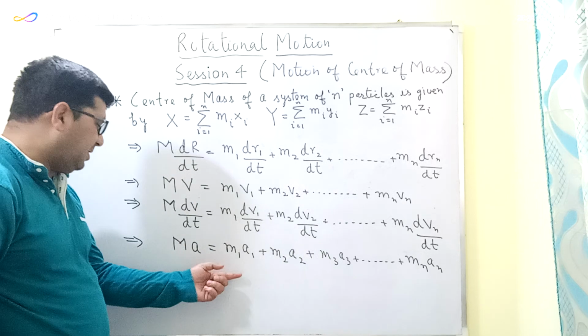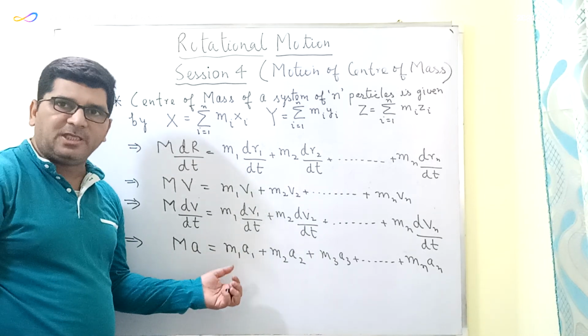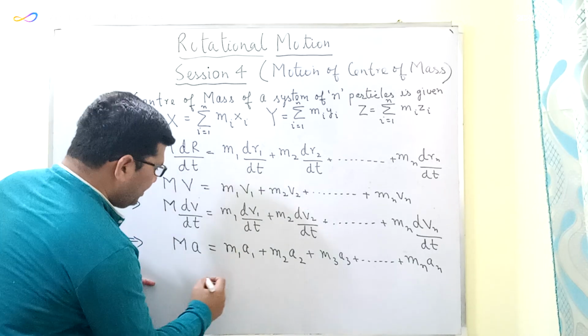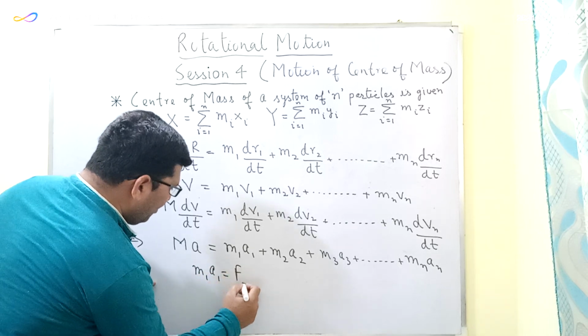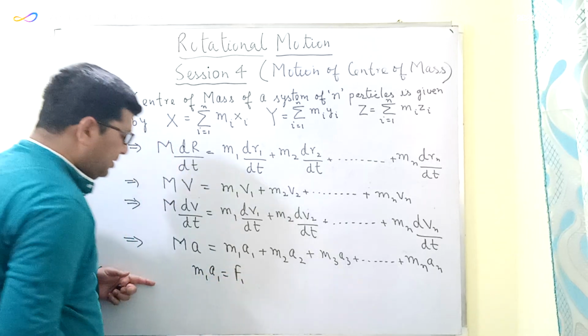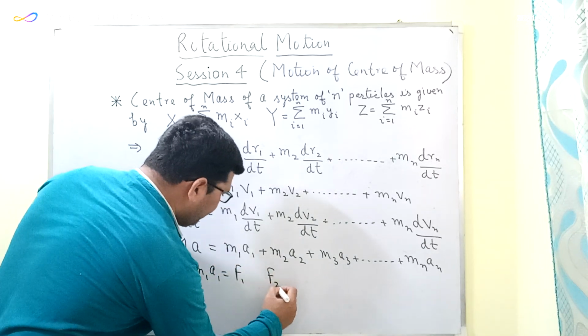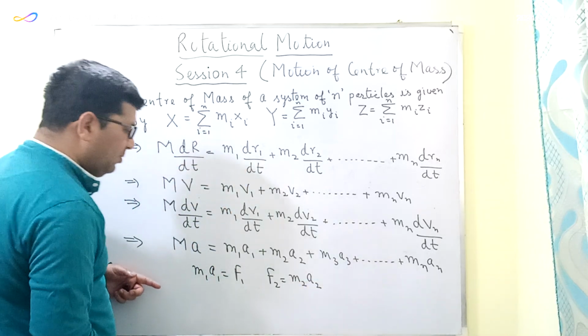Now here you can see that m1 a1 is the force on particle 1. This is the force on particle 2: F2 is equal to m2 a2, and so on.